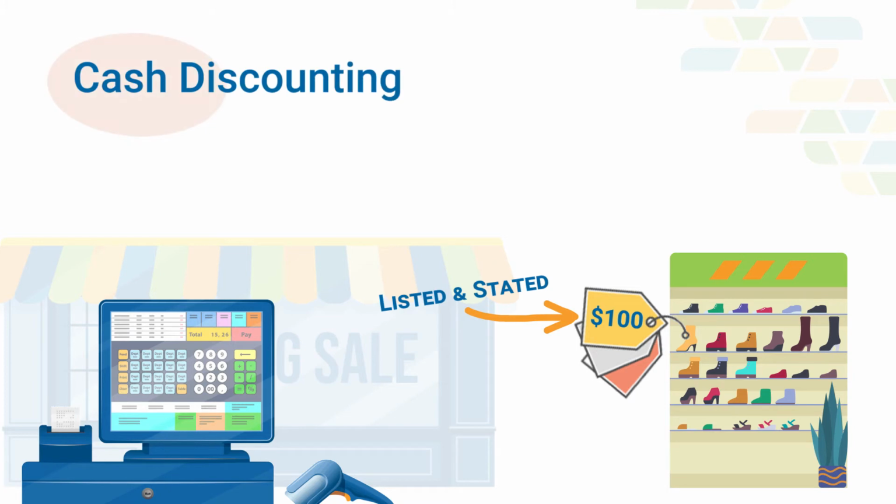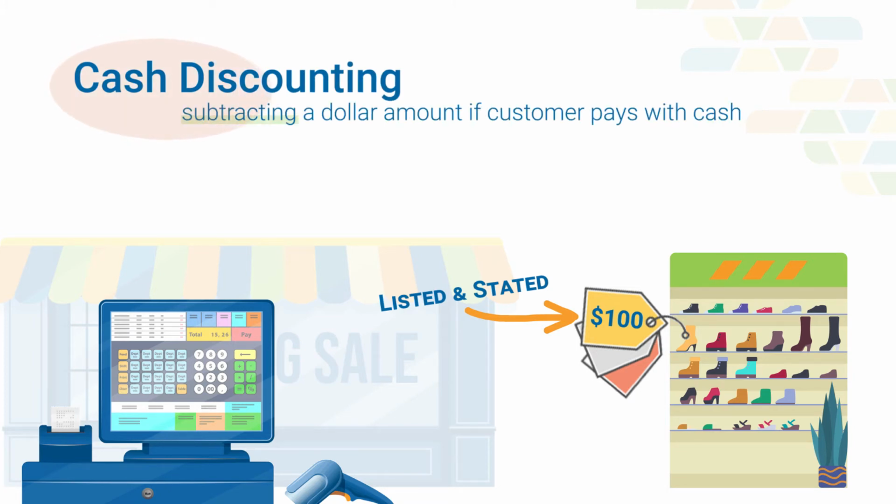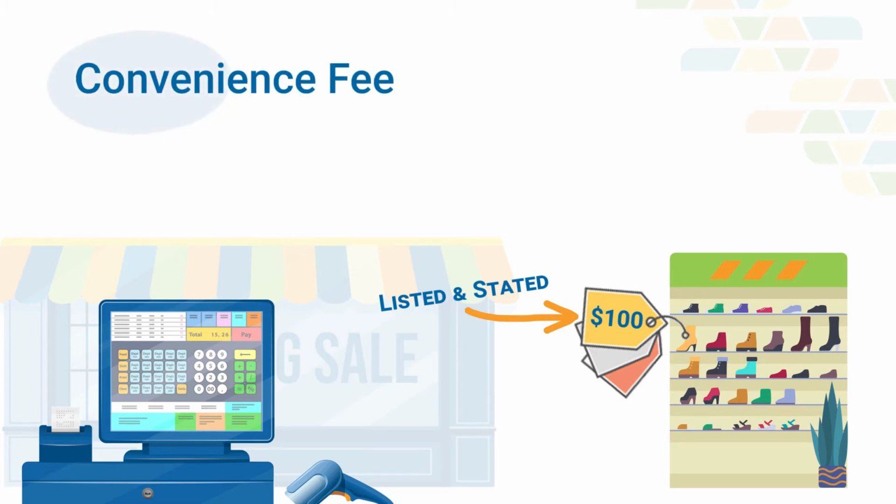A cash discount program is the process of giving a discount if someone pays with cash. So if a customer elects to pay with cash versus using a credit card, they would pay a cheaper price or a lesser dollar amount for the product or the service in question, hence the cash discount. It's pretty straightforward. And finally, a convenience fee is typically a flat fee that applies to making a purchase. There's a max percentage limit as well as guidelines for each of these programs.